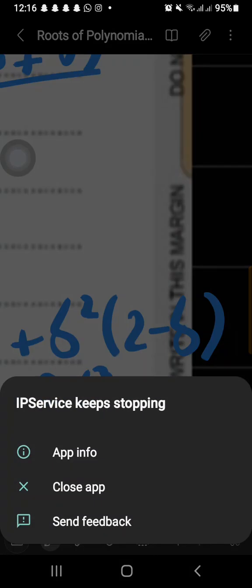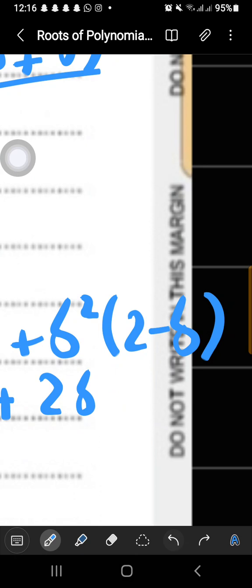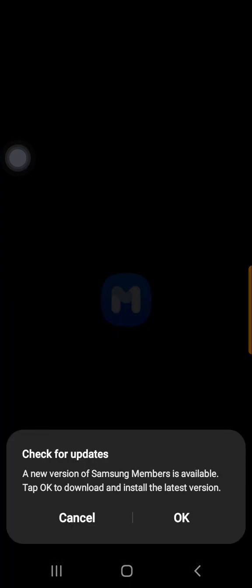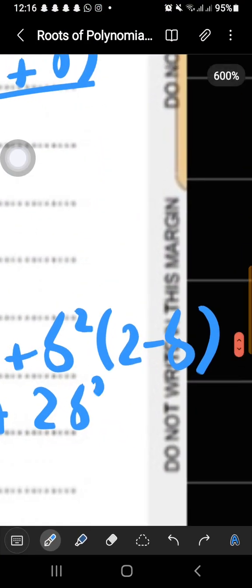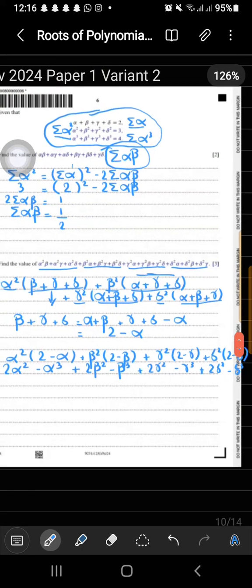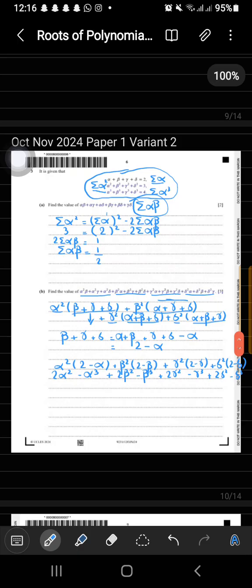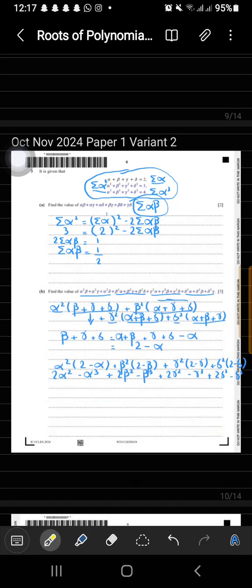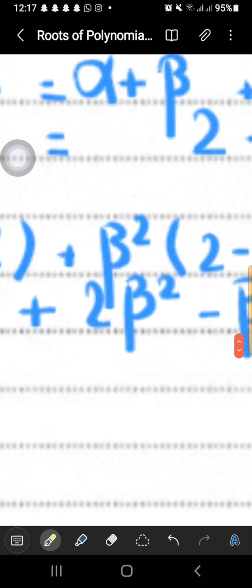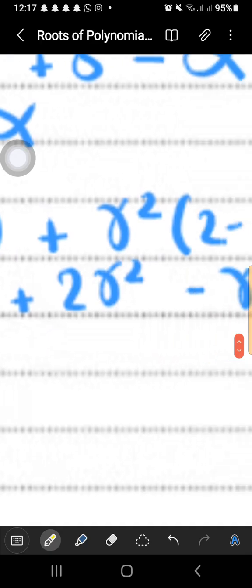There will be 2 delta square minus delta cube. Let's see this. We can see 2 alpha square, then 2 beta square, then 2 gamma square, and 2 delta square.